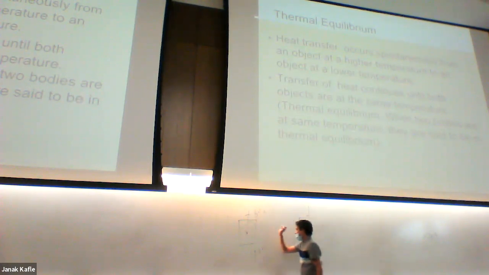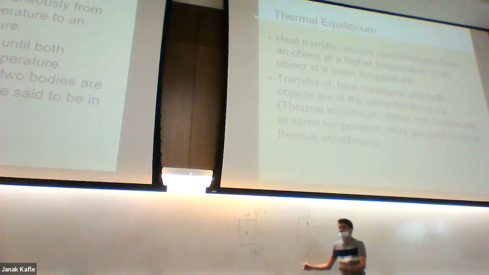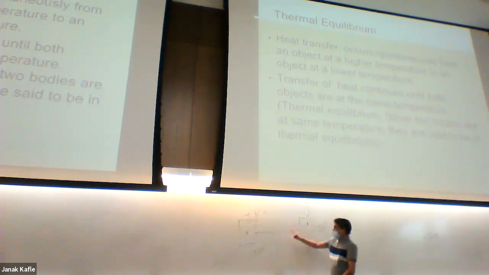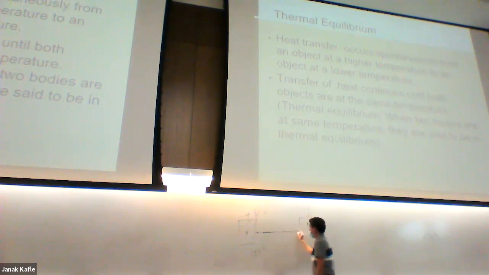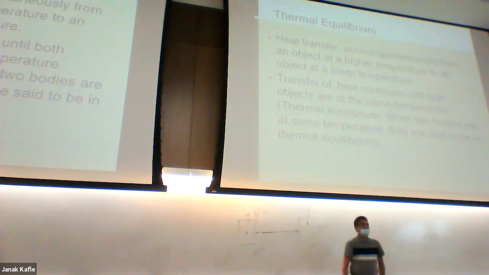Now you can connect these two with a small wire. What happens if I connect them? This is hot, 80 degrees centigrade, and this is cold, 25 degrees centigrade. So the heat will flow through this wire from here to here, until both blocks have the same temperature.